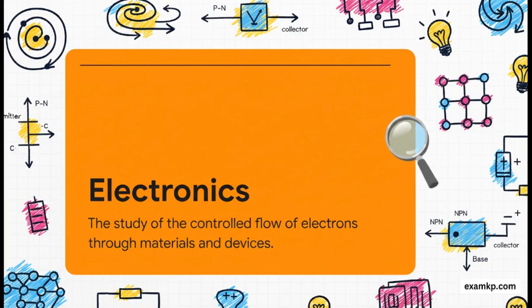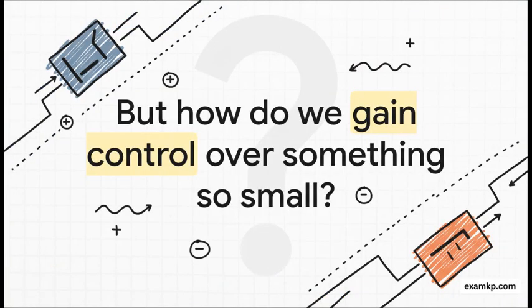Okay, so that's the big question, right? How in the world do you control something as tiny as an electron? We know some materials, like copper, are basically superhighways for them, and others, like rubber, are just a dead end. Well, the secret lies in a special class of materials that are somewhere right in the middle.